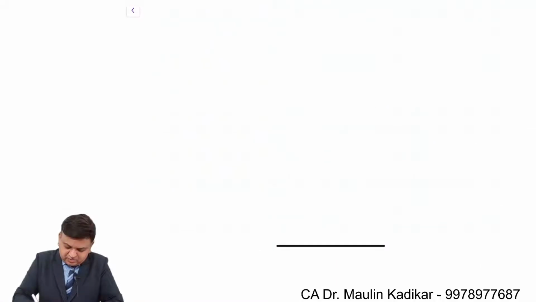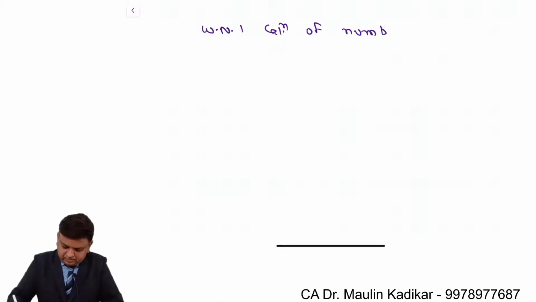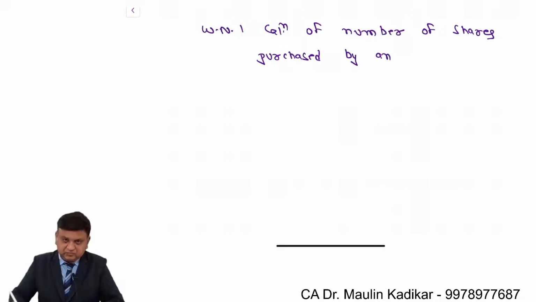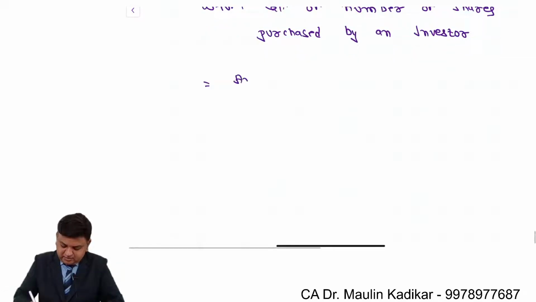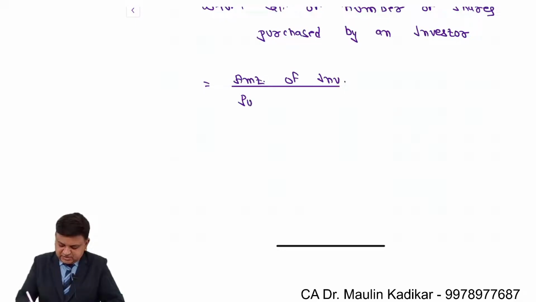So write an answer. Working note number 1, calculation of number of shares purchased by an investor: amount of investment divided by purchase price.